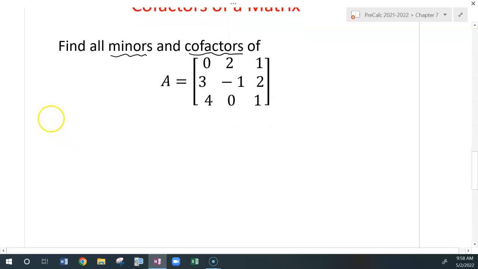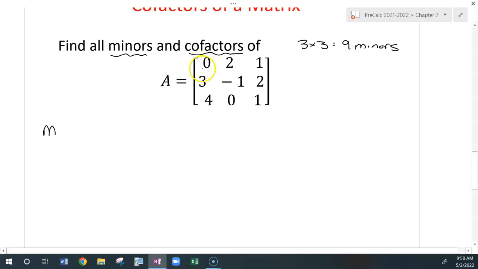So the way you get your minors, and there's going to be a minor associated with each element in the matrix. So since I have a 3 by 3, that means I have 9 minors. And the notation we use for a minor is we put M, and then in subscripts, we're going to put which element this minor goes with.